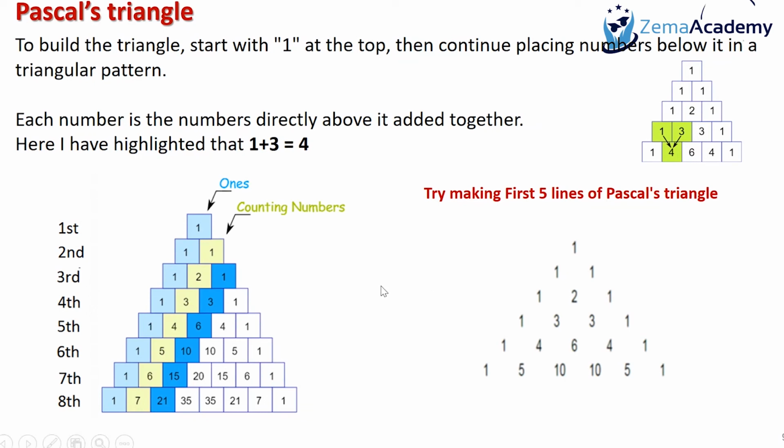Now, if I take the first 8 terms, you can see I've added a few more terms in it. So here you can see that if I add 1 plus 5, it's 6, 5 plus 10, 15, 10 plus 10, 20, 10 plus 5, 15, 5 plus 1, 6. And I can keep on increasing the boxes below, and this will be easier to build and write the answer than multiplying those brackets.